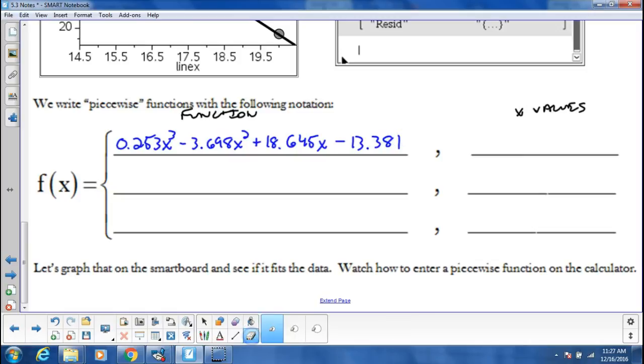And we were on that from 1 is less than or equal to x is less than 9. Right? Then we switch over to a quadratic.